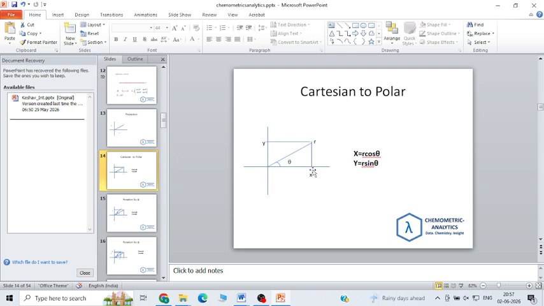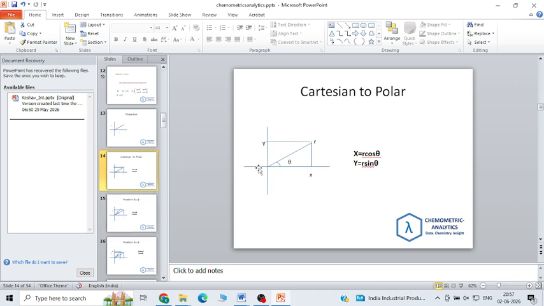So x is nothing but r cos theta, and y is nothing but r sine theta, right? This is the base and this is the hypotenuse, so it's very easy to find this relation. Likewise, y and r are related to each other through the sine of the angle. So this is very easy.